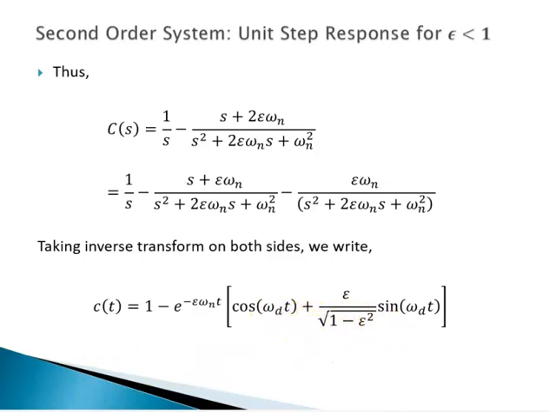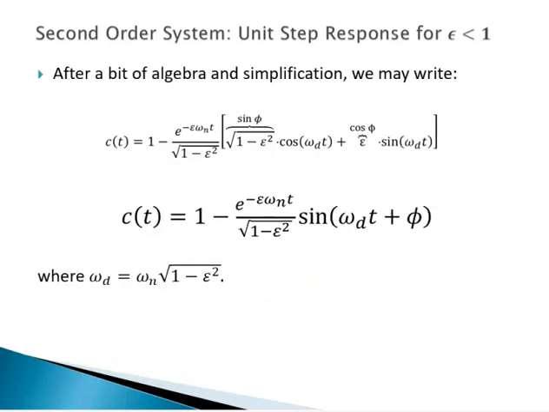minus epsilon square. To obtain a more compact notation, we simplify the previous expression, that is, divide this entire quantity by under square root 1 minus epsilon square. You have epsilon square here and epsilon here. If you consider this to be sine phi, this will automatically be cos phi.